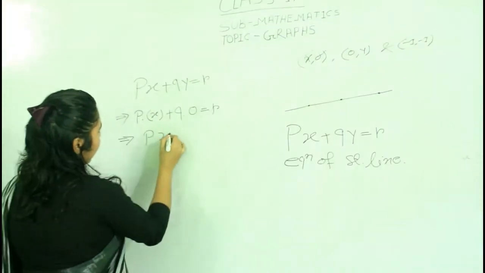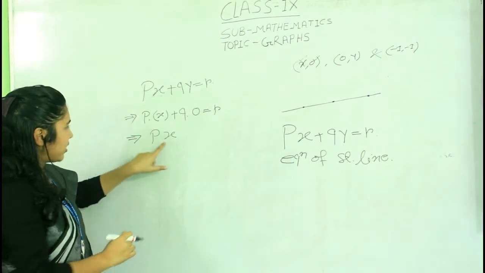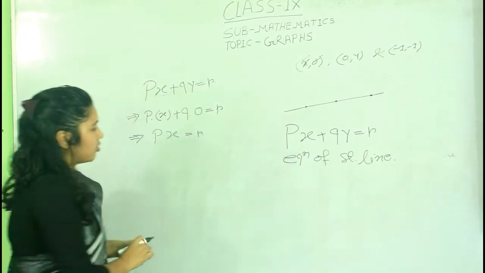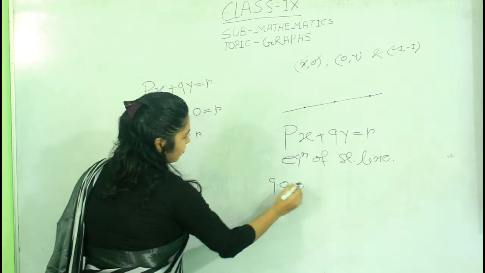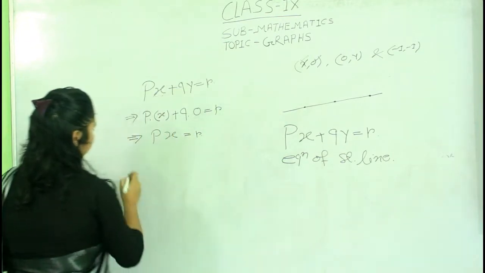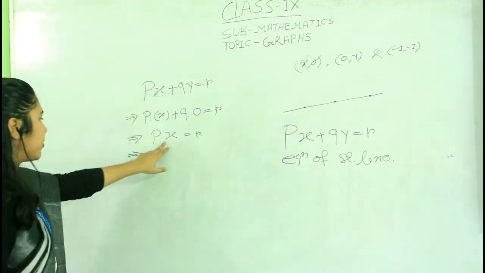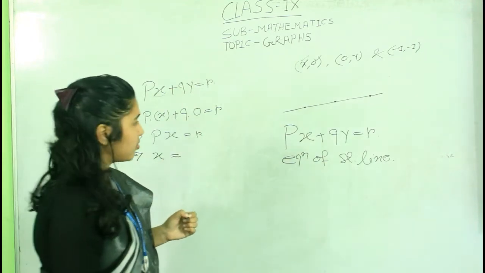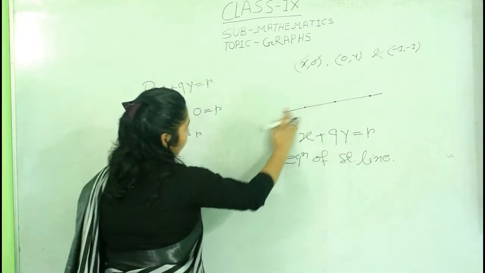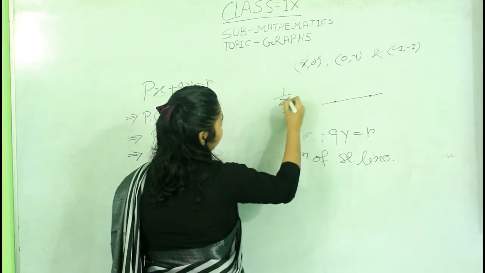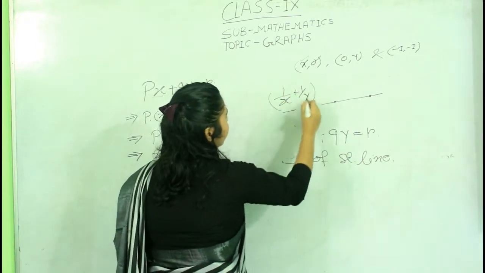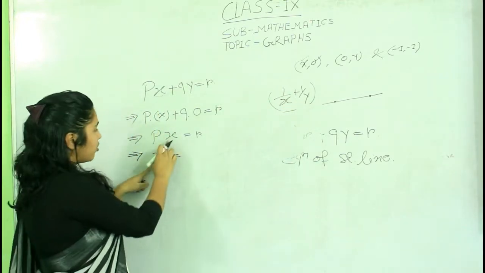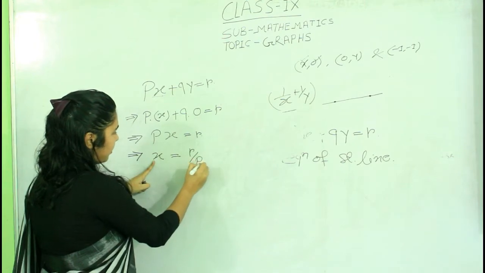That means p into x equals r, because q into 0 is 0. Now from here find the value of x, because we have to find the value of 1 by x plus 1 by y. That's why here find the value of x, which is r by p.